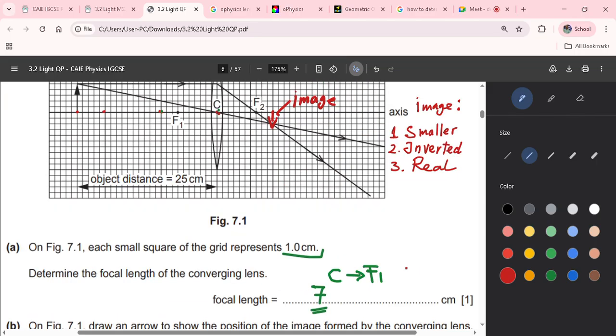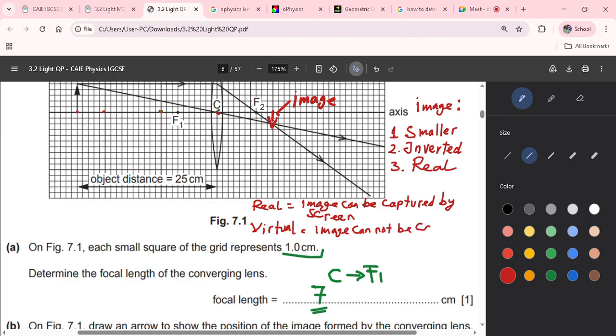The difference between real and virtual: a real image can be captured by a screen, but a virtual image cannot be captured by a screen.